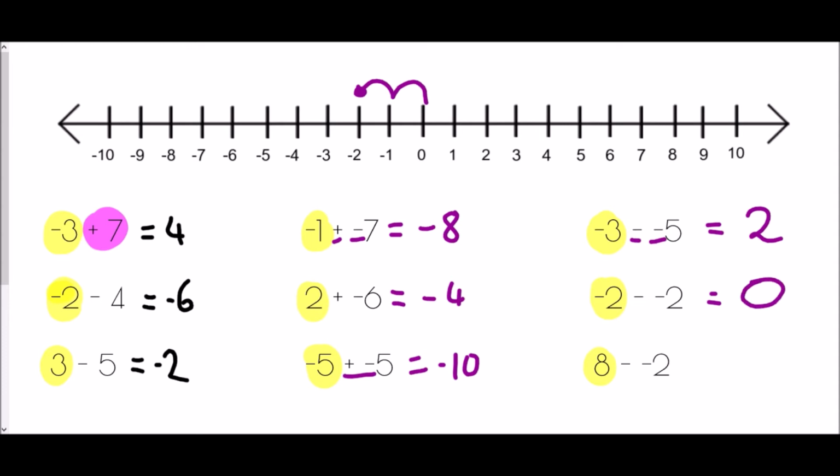And finally, we are dealing with 8 as our starting point. Take away -2, and so the take away would tell us to go to the left, but the extra negative here is telling us to do the opposite. We're going to go to the right 1, 2, and we're going to have an answer of 10.